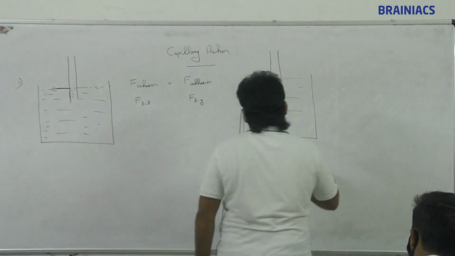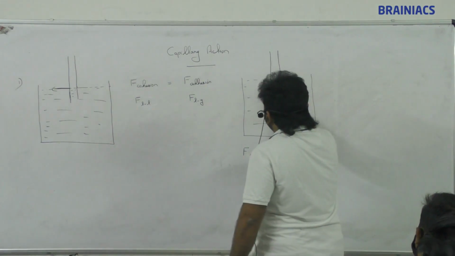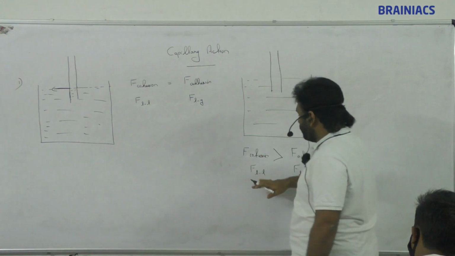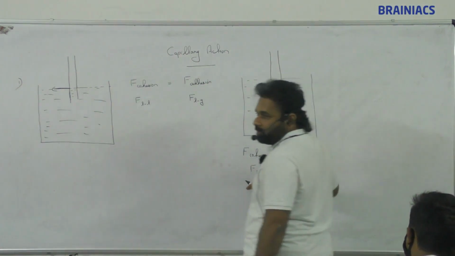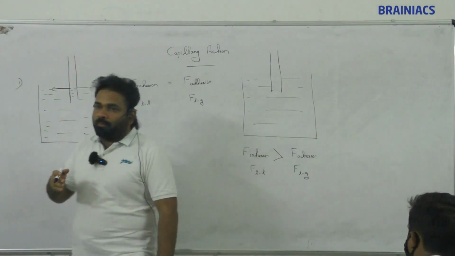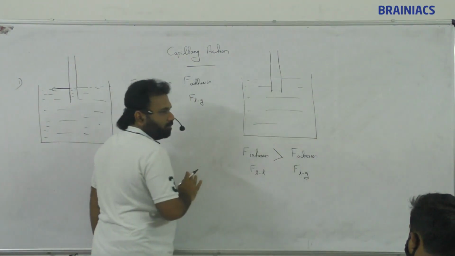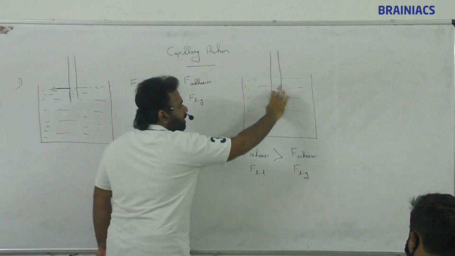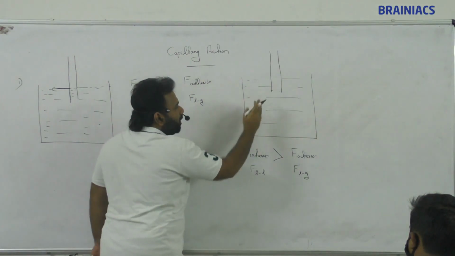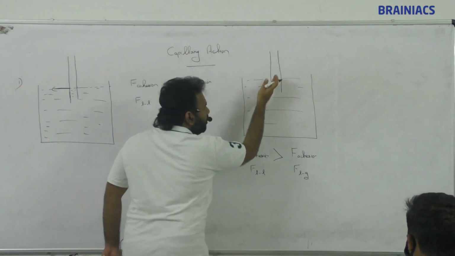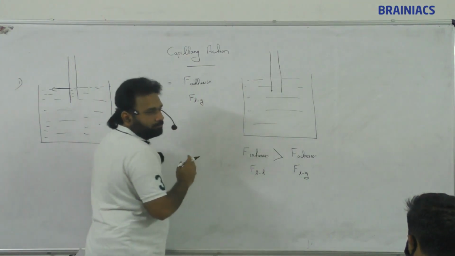Then the net force is more of cohesion. If we consider both sides separately, on this side more force will be towards the bulk.